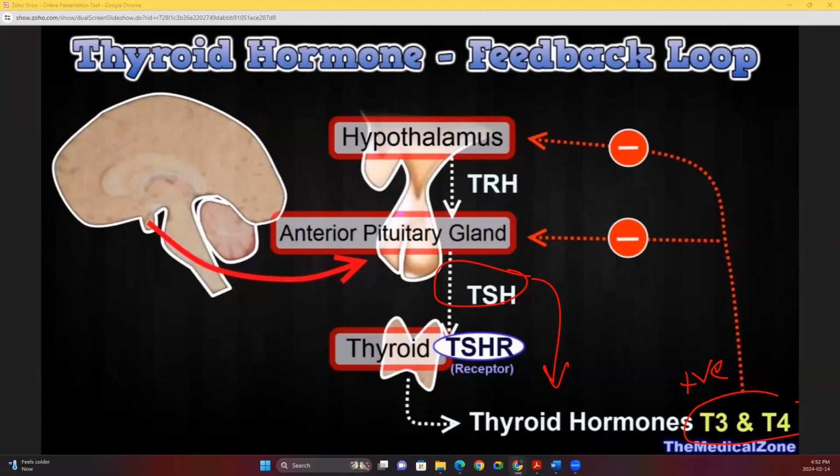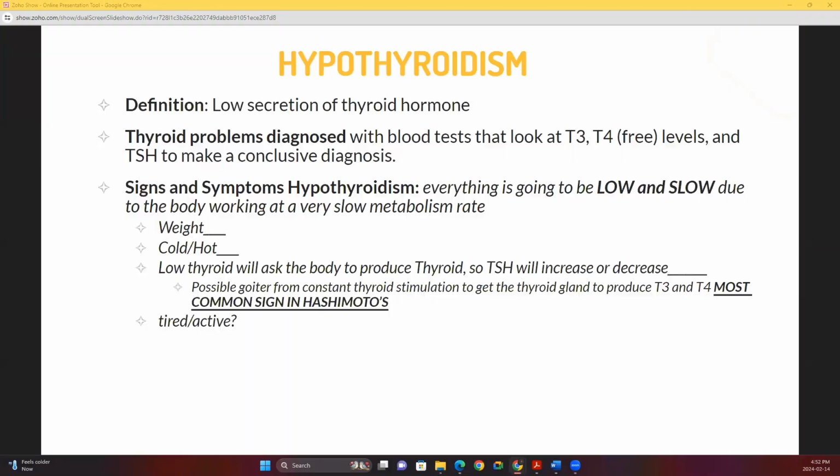Hypothyroidism, I did explain it to you, but still we will discuss it in a little more detail. Hypothyroidism means less thyroid. And what are the blood tests we do? Less thyroid means low T3, T4, and TSH. Signs and symptoms: everything will be low and slow because your metabolism is low.